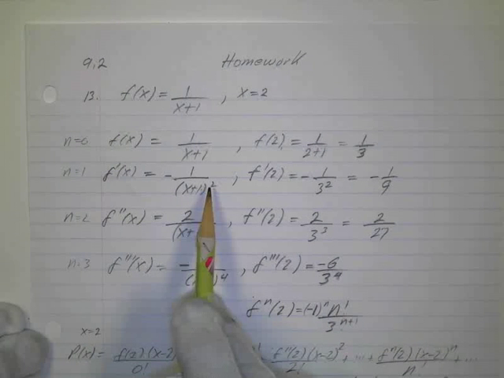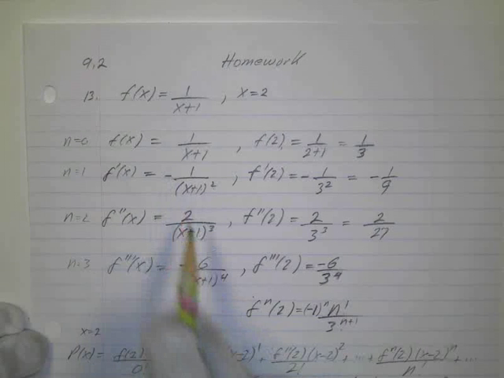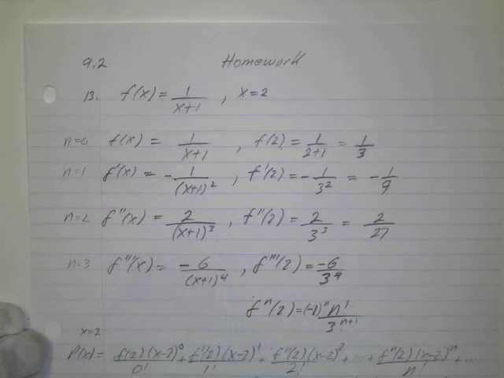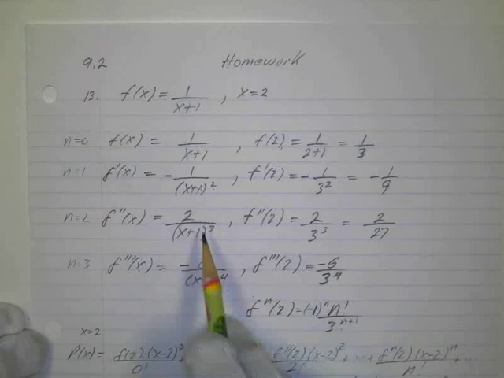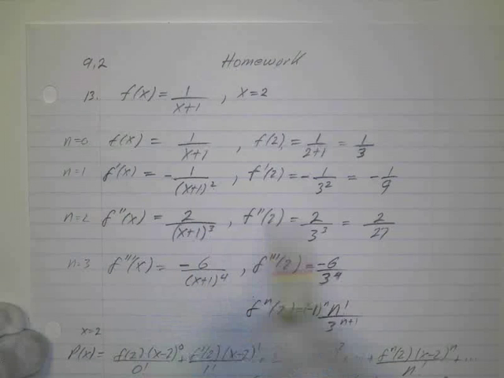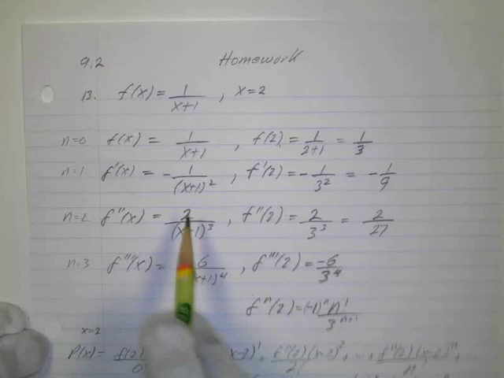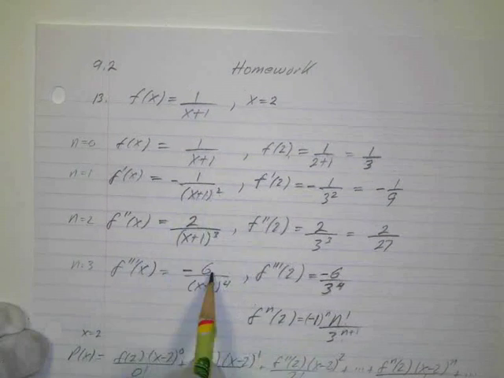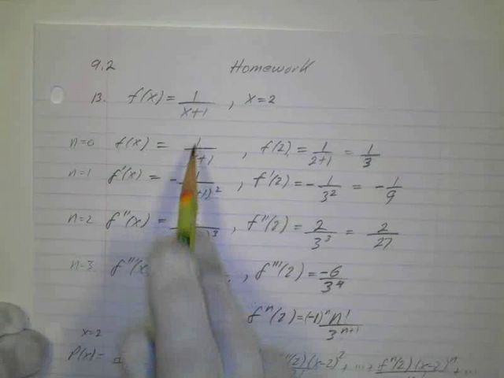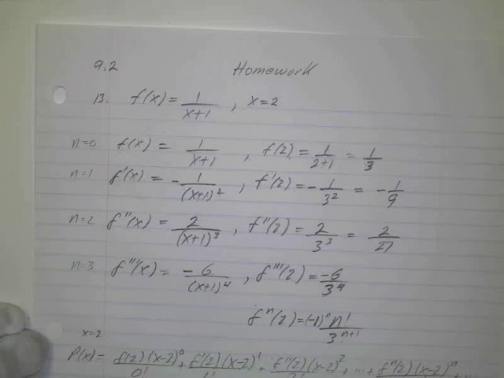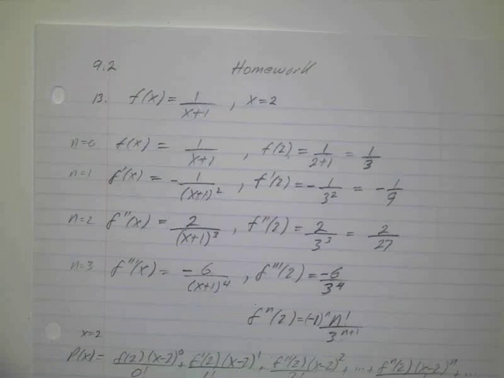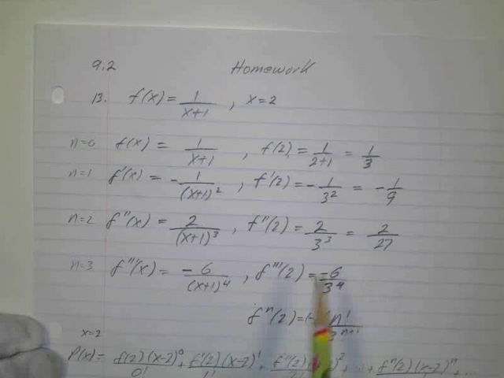Then f double prime, if I take the derivative of this, remember the signs are reversed, that's going to be 2 over x plus 1 cubed. So these alternate, and then the tops become the factorials: 0 factorial, 1, 2 factorial, 3 factorial. That's the way it works out when you do these fractions.